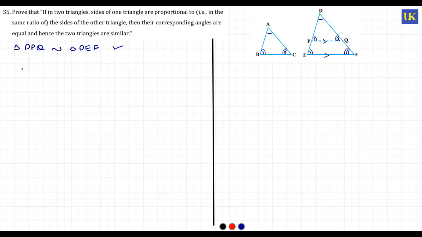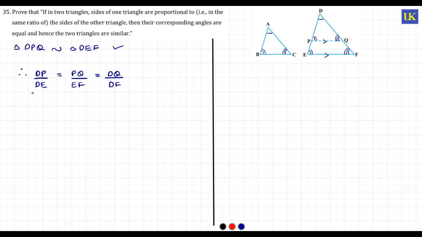We can say that DP upon DE is equal to PQ upon EF is equal to DQ upon DF. So DP upon DE is equal to PQ upon EF, and PQ upon EF is equal to DQ upon DF. So we have written this in similarity form.